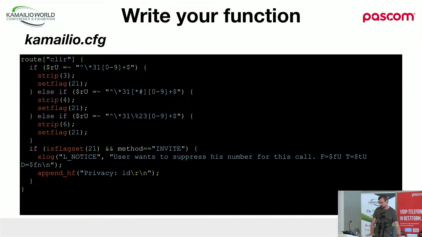And after you've created your library, you start writing your function. I've taken one example of our main Kamailio proxy config. This part lets our users suppress their caller ID on a per call basis, and for that, they can dial *31 in front of the request URI, and then we will do something.